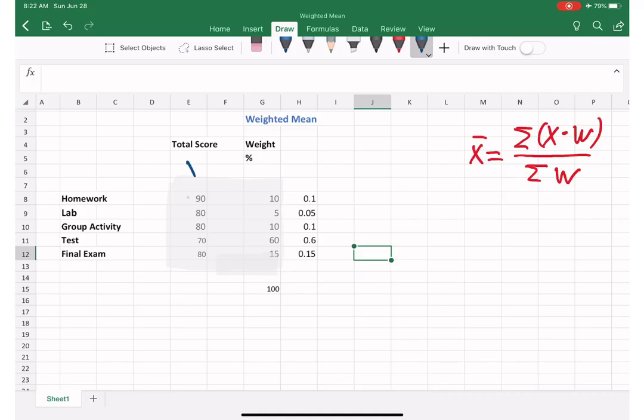X is my total score of activities, and W is my percentage. So I'm marking down the decimal version because that's what we are going to use.